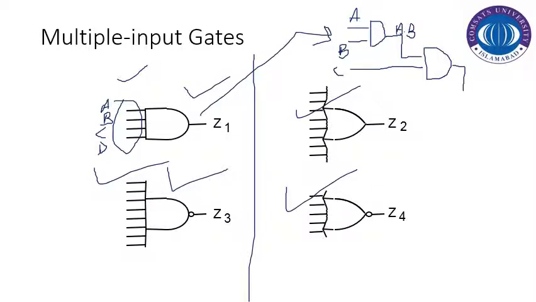And then we are using another AND gate. So this is basically Z1, and this term is A dot B dot C.